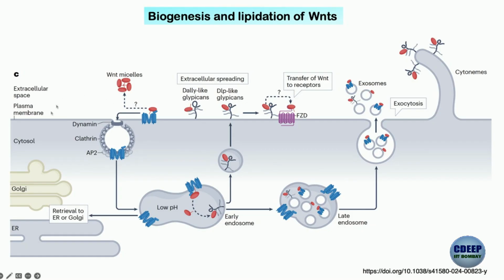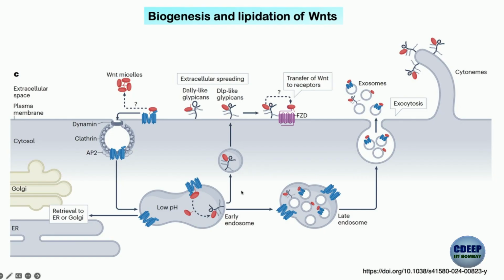In this case what they say is that whenever Wntless and Wnt are at the early endosomes, there is a possibility that because of the low pH, Wnt can get separated from Wntless, which is the receptor, and then there is another molecule called DLP like glypican, which is another glycoprotein which functions at the plasma membrane.